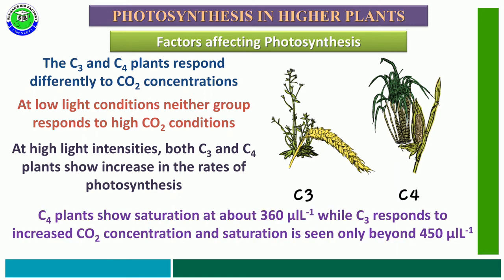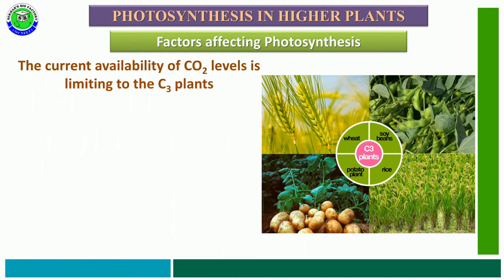C4 plants show saturation at about 360 microliters, while C3 plants respond to increased carbon dioxide concentration, and saturation is seen only beyond 450 microliters.